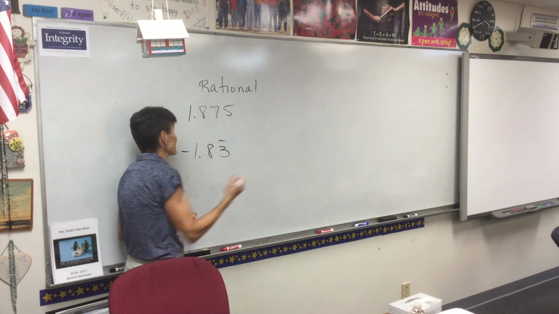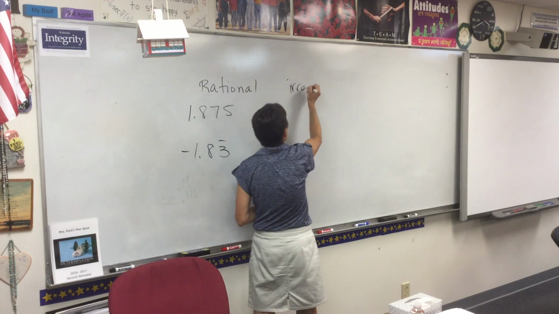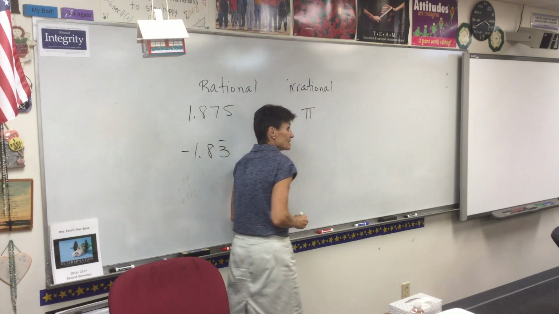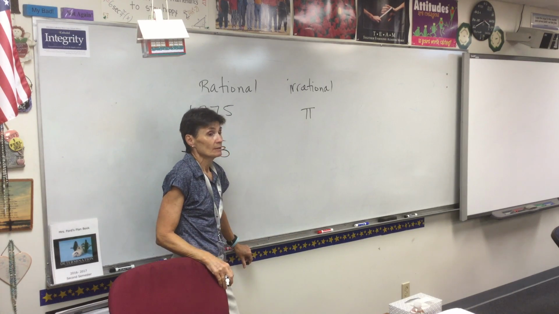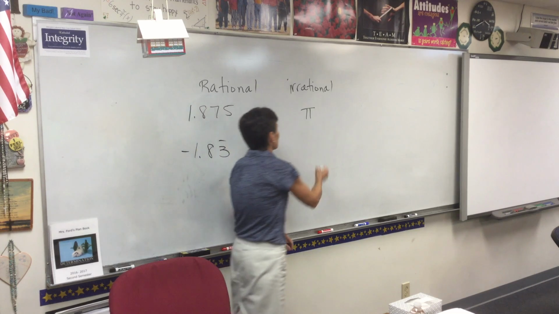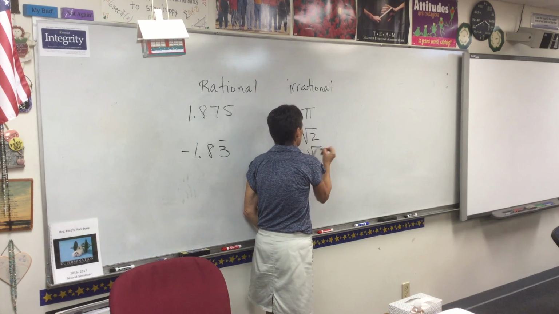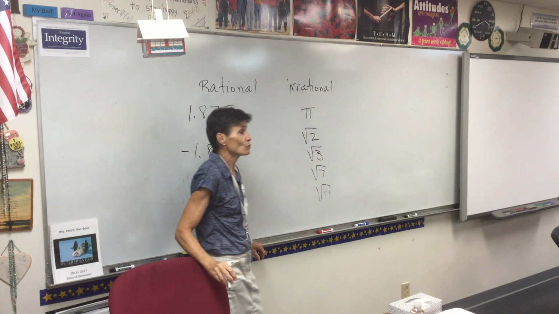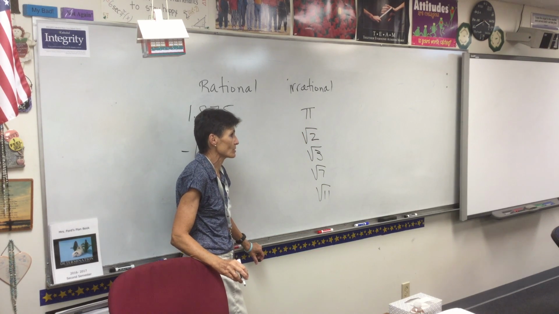Pi. Pi is irrational. It does not terminate or repeat. Does anybody know any others that just keep going forever and ever? How about the square root of 2 and the square root of 3 and the square root of 7 and the square root of 11? Those are all irrational numbers.